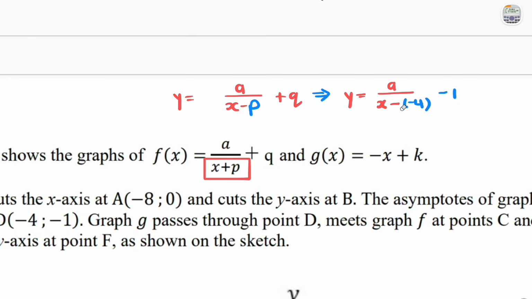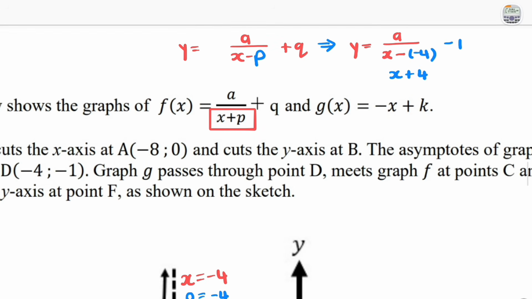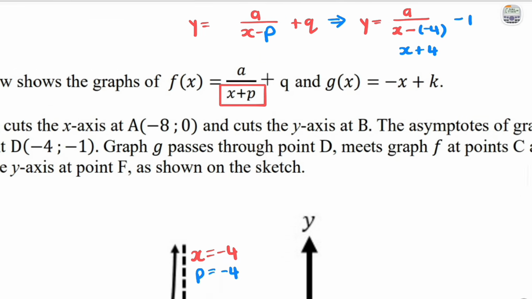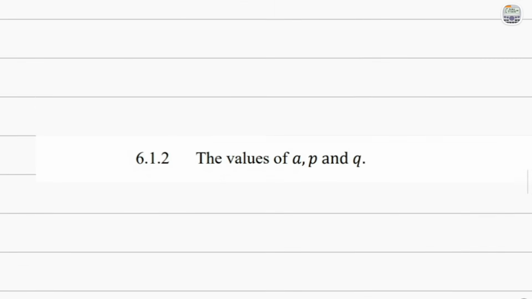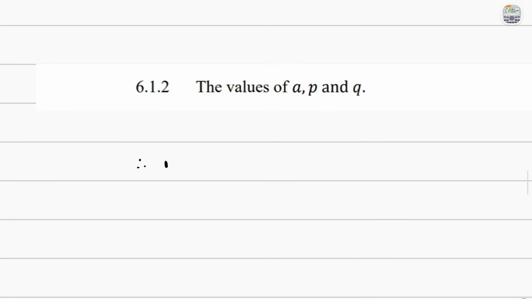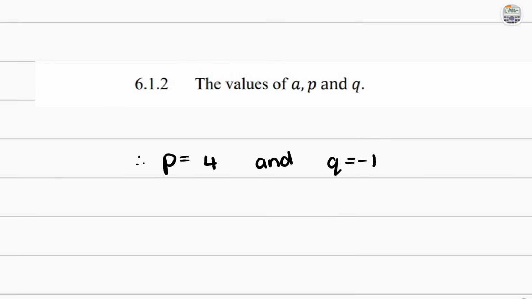So you see how this will become x plus 4. So in their equation where they say a over x plus p, the p they are referring to is this 4. Okay, so we need to ensure that it actually does look like the equation. So p in our answer will tell them that the value of p that they were referring to is positive 4, and we saw that q stays exactly the same, so that's negative 1.